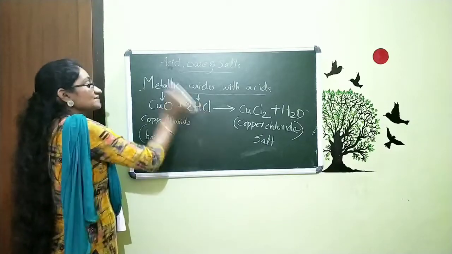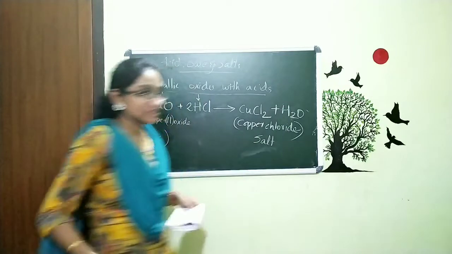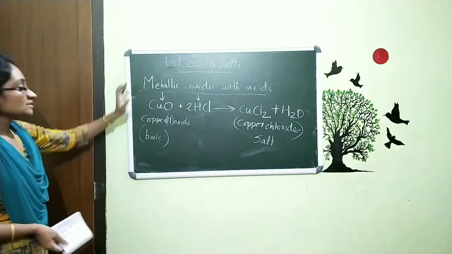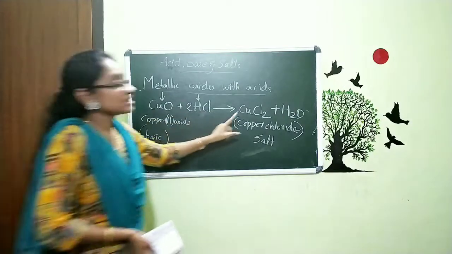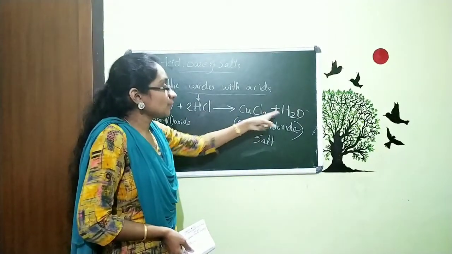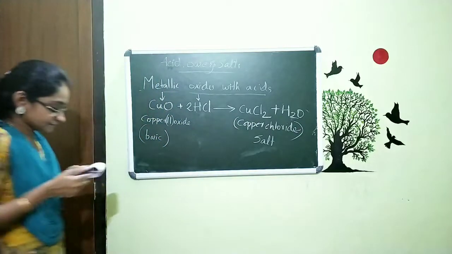When base and acid react together, you get salt and water. This is the equation you want to study: CuO plus 2HCl gives CuCl2 plus H2O. This is the reaction.